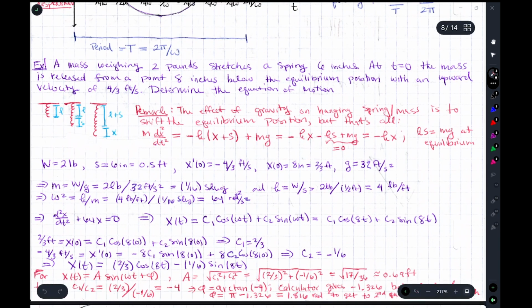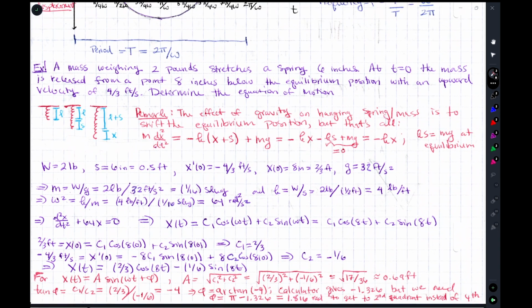So let's look at an example. Here we have a mass weighing 2 pounds that stretches a spring 6 inches, and at t equals 0, so we're getting the initial conditions here, is released from a point 8 inches below the equilibrium position, with an upward velocity of 4/3 feet per second.